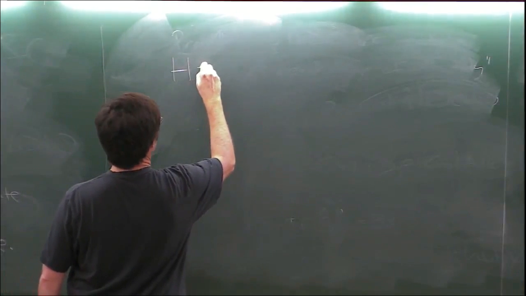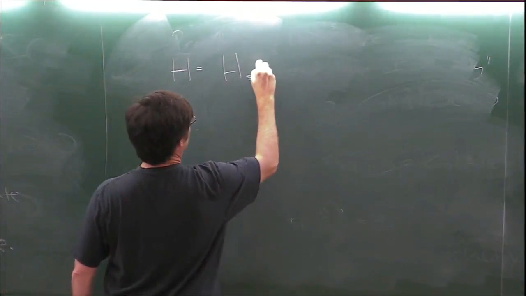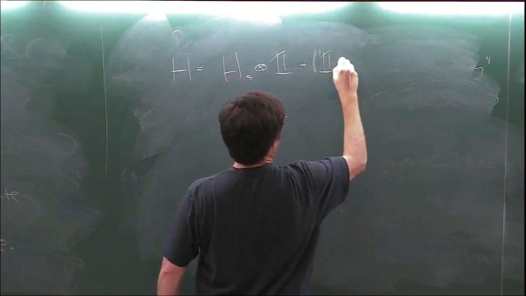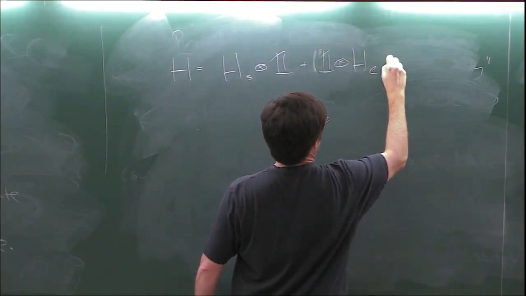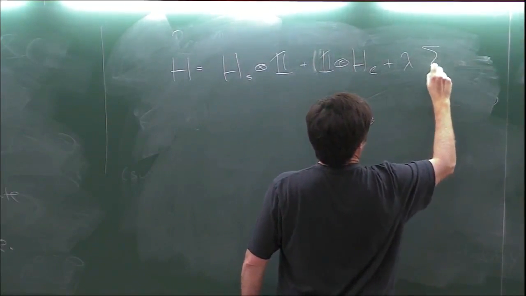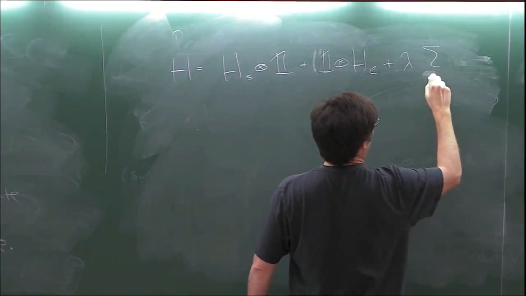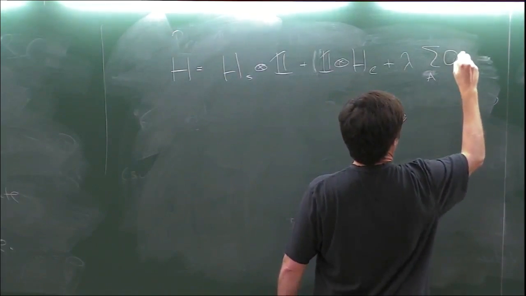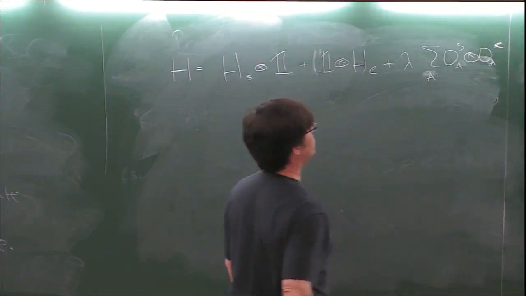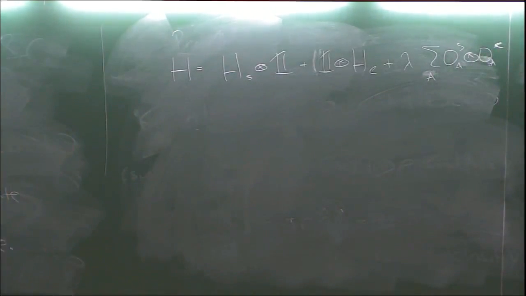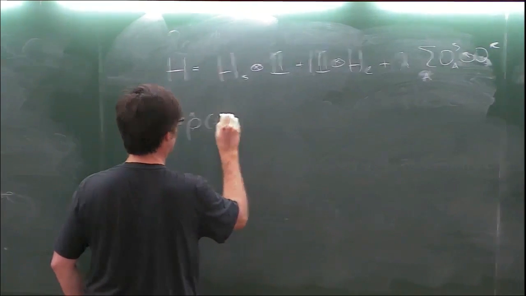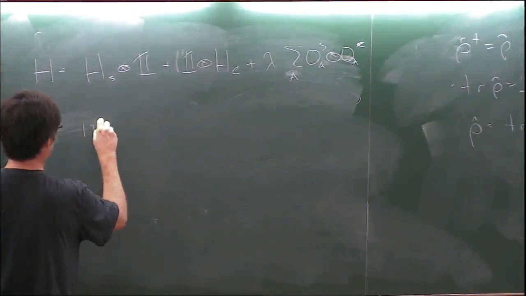My Hamiltonian acting on the full Hilbert space might be the Hamiltonian of the system acting on the system only, a term acting only on the environment, but then there will be terms where I can sum over some A, O, A system cross O, A. Some additional interaction terms which couple the system and the environment.